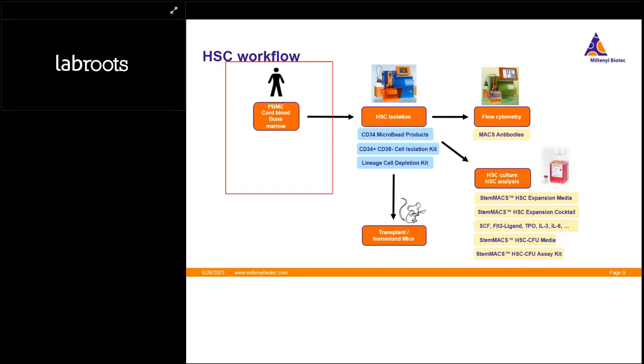The first step is collecting the mononuclear cells from the blood sample. You are either getting a leukopak, a buffy coat, or even whole blood, and that contains, once again, a very small percentage of hematopoietic stem cells, and the majority of the cells are not what you need. So the first and most important step is how to purify the sample and get rid of most of those cells that you don't need for your HSC studies.